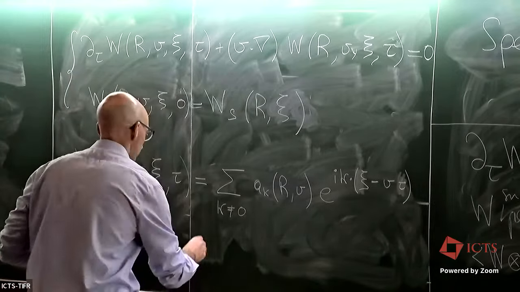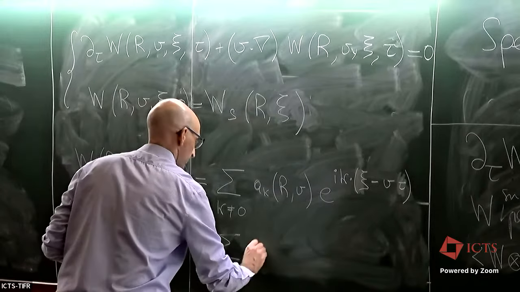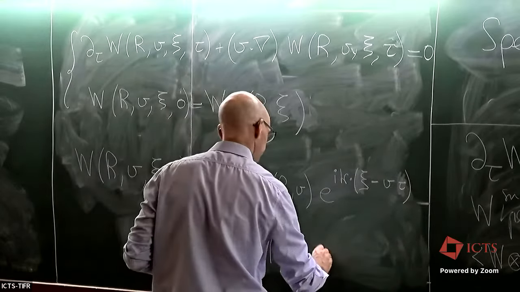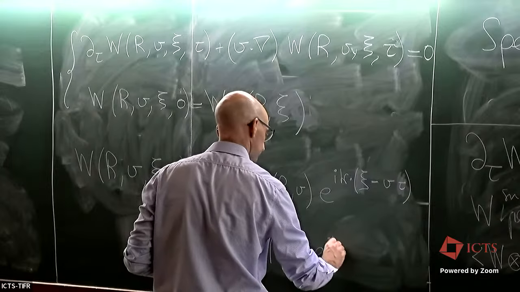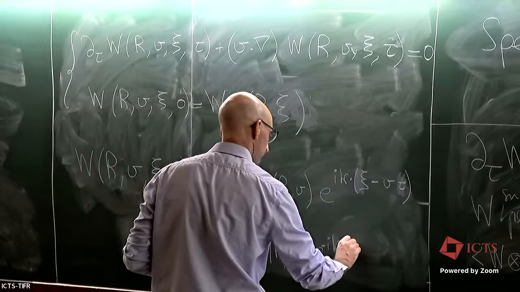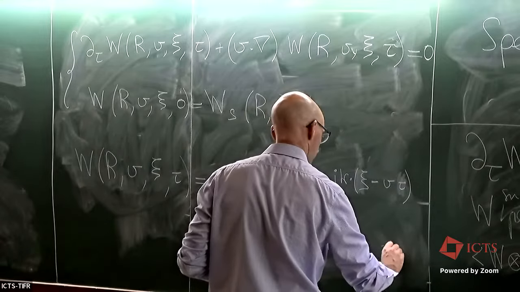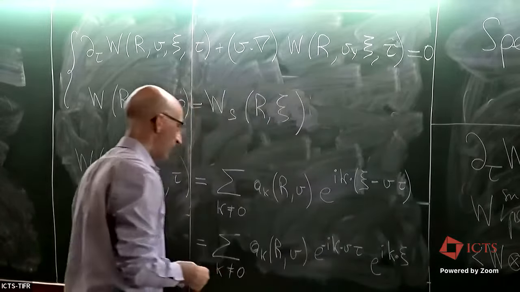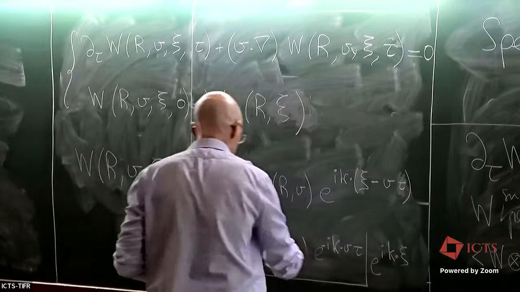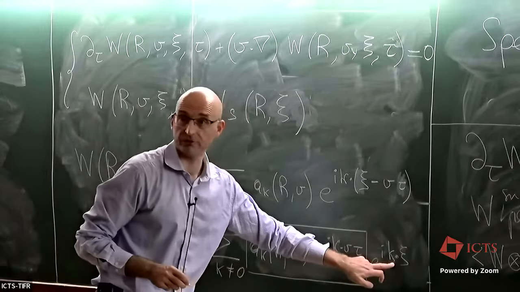Let me rewrite it in this way. Okay? So this is really the thing which is multiplying the Fourier coefficient.